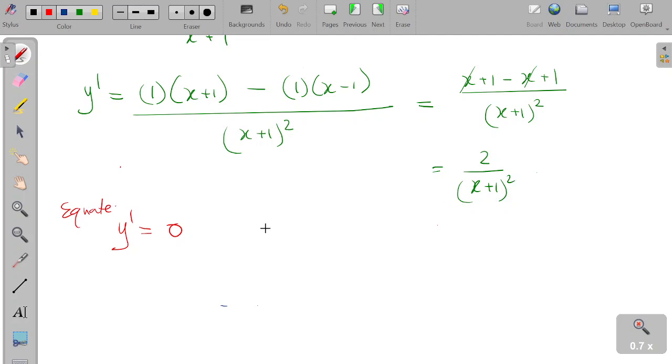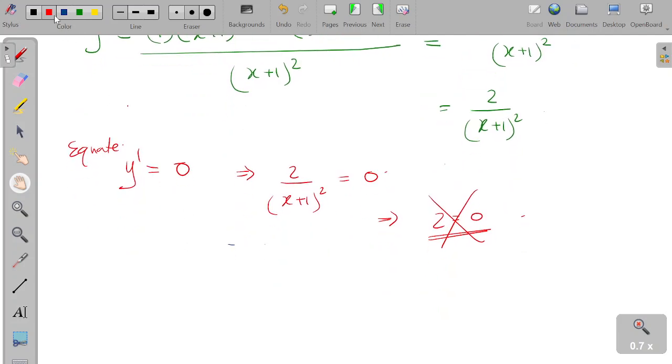From what we see here, this implies that 2 over (x plus 1) squared equals 0. We mean 2 equals 0, which is not correct. So we can't go by this. The next thing now is to check where the derivative will not exist.